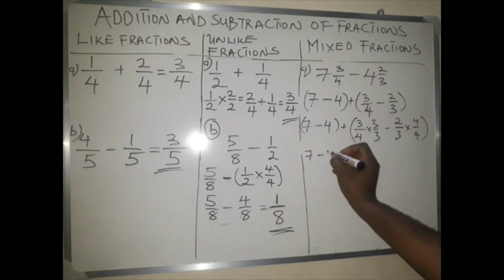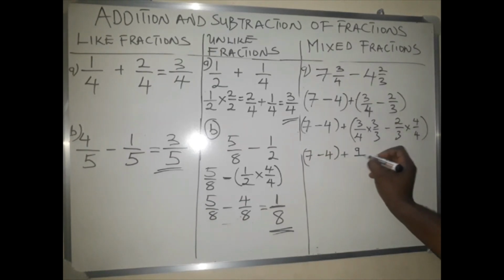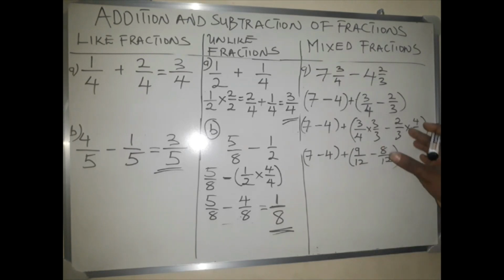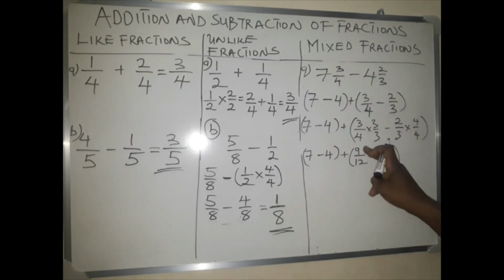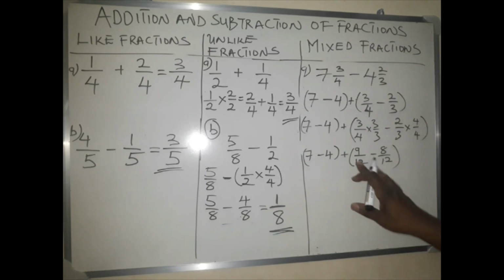This will now give me 9 over 12 minus what? 8 over 12. So you can see I have converted both this and this to give me this and this. And you know that once this is reduced to its lowest term, it will give me this. And once this is also reduced to its lowest term, it will also give me this. So I've only changed their appearance, but their value remains the same.